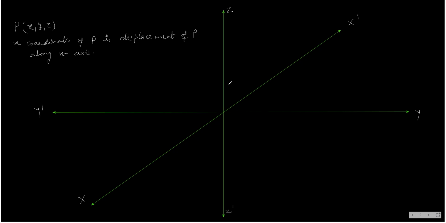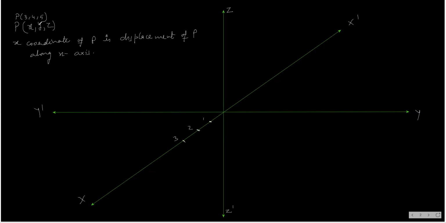So this is the x-axis. Suppose I write P as 3, 4, 5. So point P has an x displacement of 3 units. You can check here, see, this is x, this is 1, this is 2, this is 3. So along the x-axis, the displacement is 3.